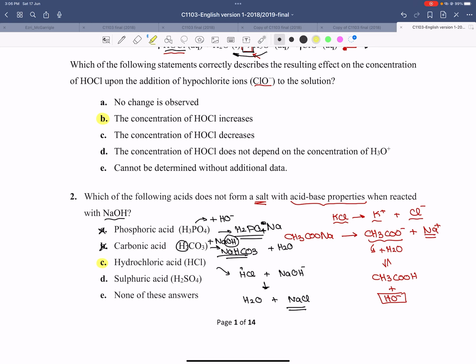Again, it's taking me a long time to solve this because I'm trying to explain concepts. But for you, whenever you see a diprotic or a triprotic acid or base, know that this one will give off a salt that has acid-base properties. Or when you have something weak. You have a lot of examples like this from your answer sheet, so remember that.